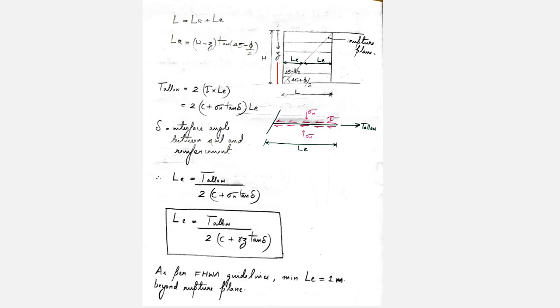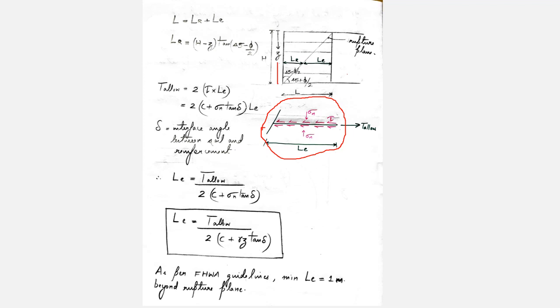Okay, and to calculate LE, we need to calculate the actual shear forces transmitted into each layer of reinforcement. This figure shows the reinforcement at a particular depth Z from the top of the wall. Here we show the shear forces and the normal forces acting on that layer of reinforcement.